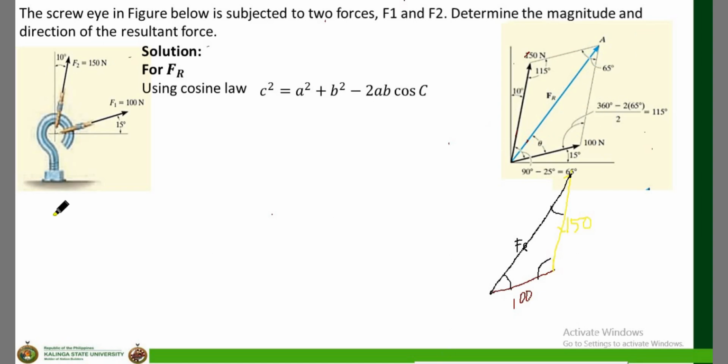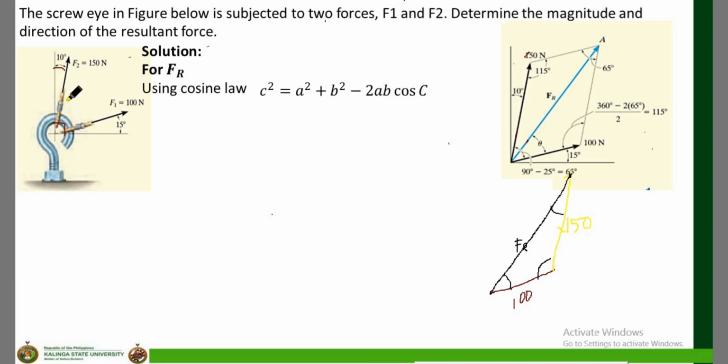Going back to the original problem, F2 is inclined 10 degrees from the y-axis, and the 100 newtons is inclined 15 degrees from the x-axis. We learned earlier that this angle is 90 degrees.